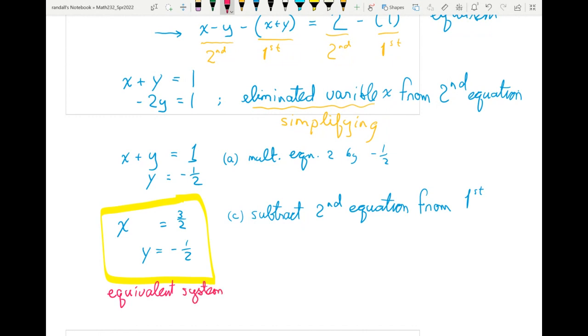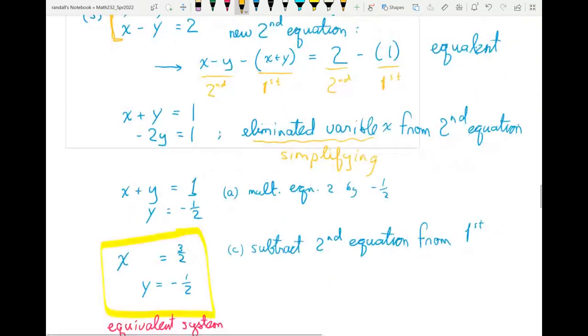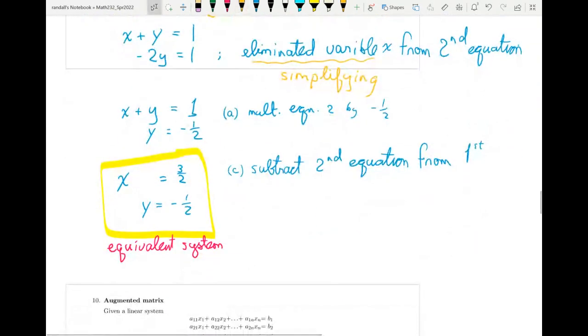Now compare that to what we started with. So there's what we started with up here. Now it's not obvious just by looking at that what the solution set is, or whether there are any solutions to the system. Remember, there doesn't have to be any. But if you are given this as your system of equations, you don't have to do any work at all. You see what the solution is. So this is as simple as it gets.